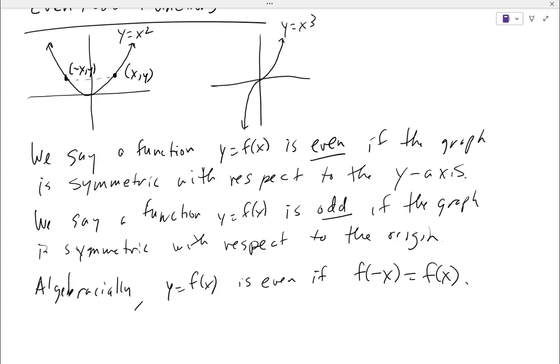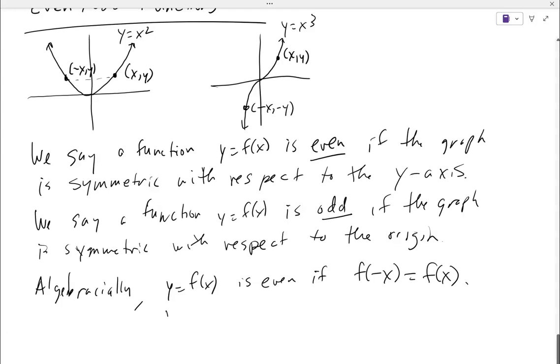For odd, notice if I start with (x, y) here and rotate it upside down, that point ends up over here at (-x, -y), right? It makes the x negative and it makes the y negative. So if I put in negative x, I should get out the negative of y.